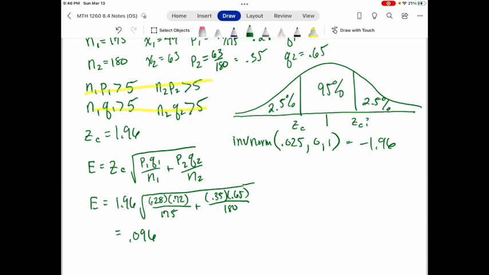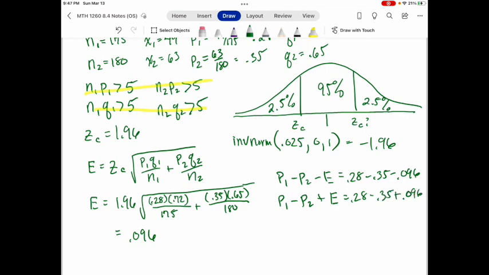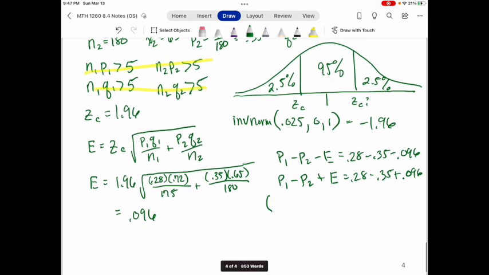0.096. So I've got to take my point estimate, which is P1 minus P2, and then I'm going to subtract my error. I'm going to add my error to get my upper and lower bound. If I take P1, that's 0.28, minus P2, which is 0.35, and I subtract 0.096, I'm going to do the same thing down here, but I'm going to add 0.096 for my upper.